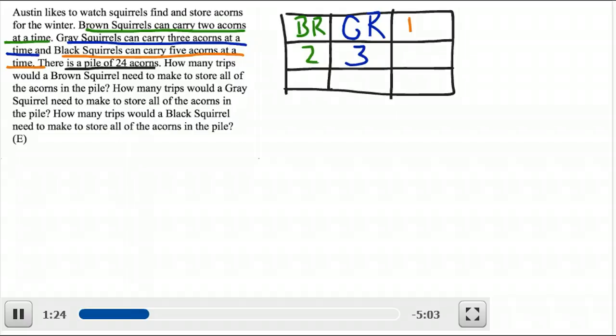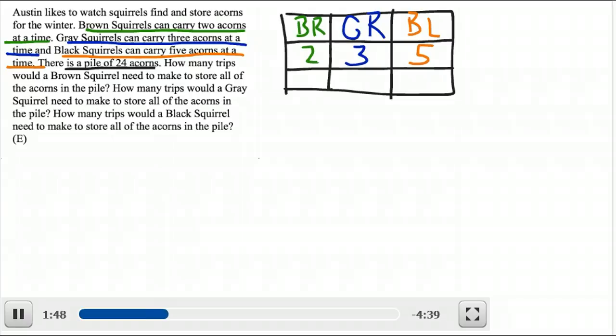And I'm going to put BL for black squirrel that can carry 5 acorns at a time. So I'm looking at how many they can carry at a time to determine how many trips it would take to get to 24. So the first strategy I'm going to use is called an array.